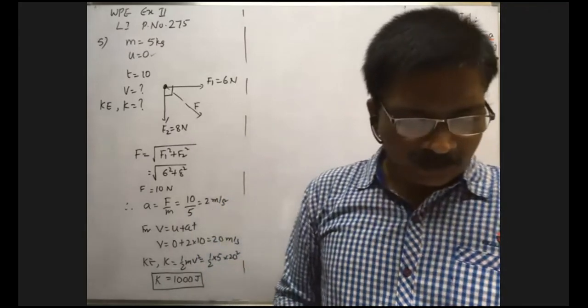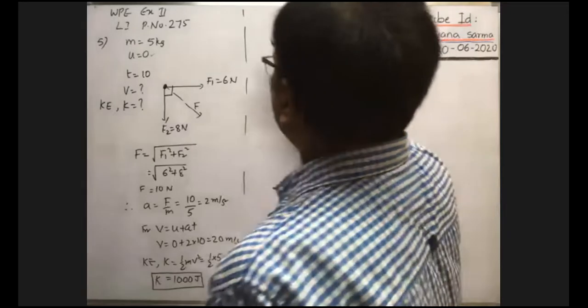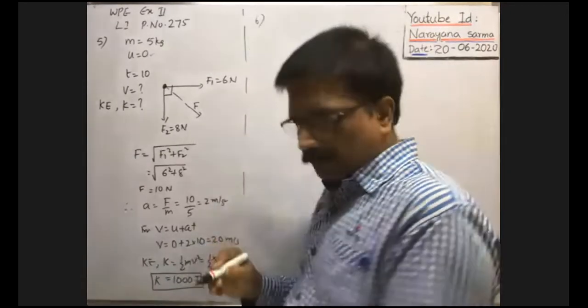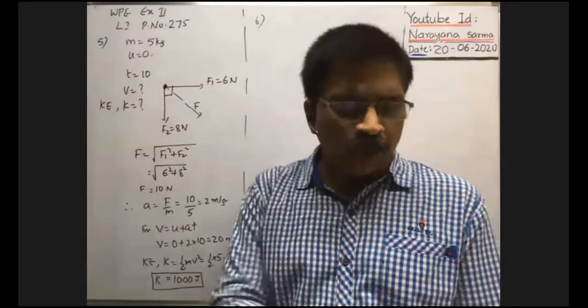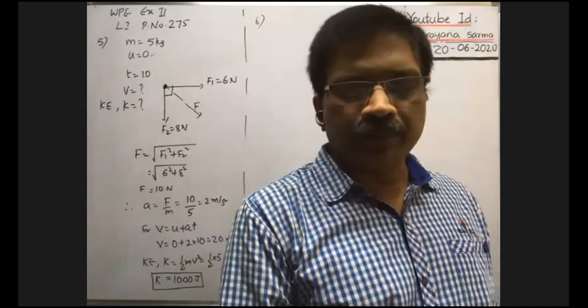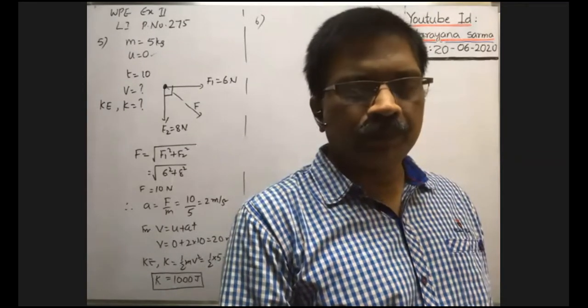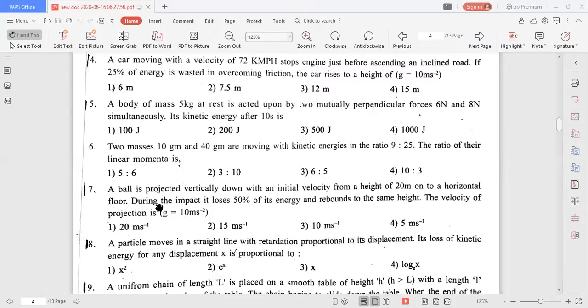Right. Next, the sixth one. Sixth one is very, very important. All of you see the sixth problem. Two masses 10 gram and 40 gram are moving with kinetic energies in the ratio.